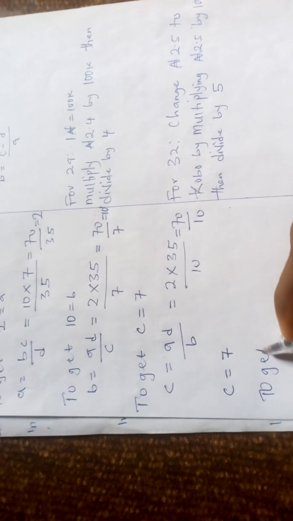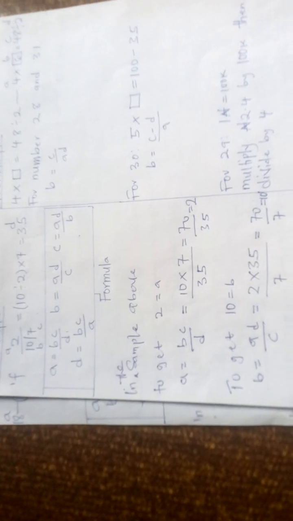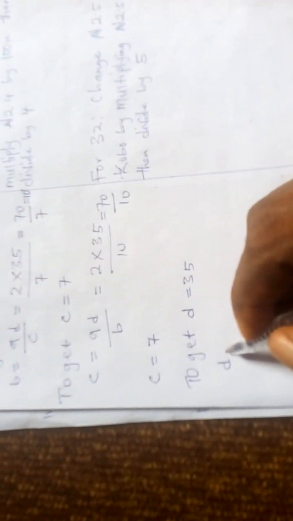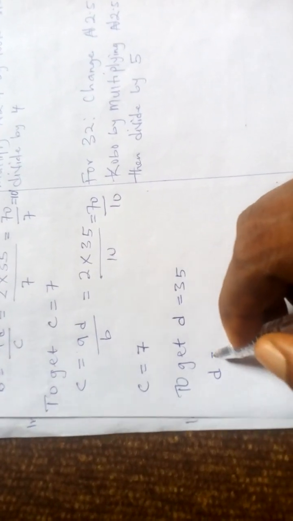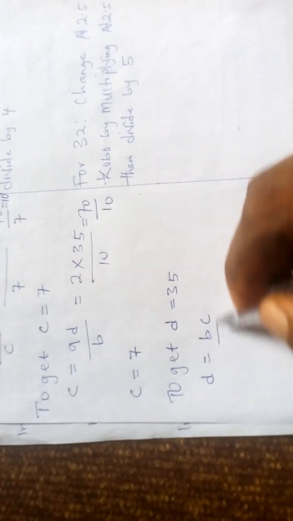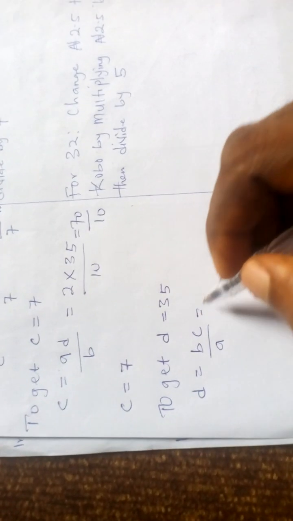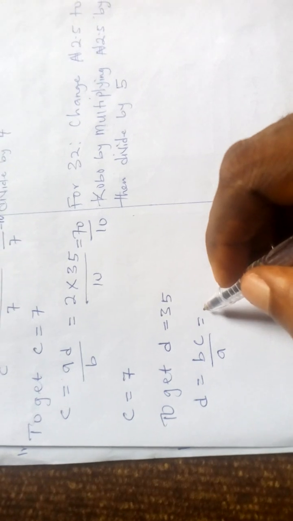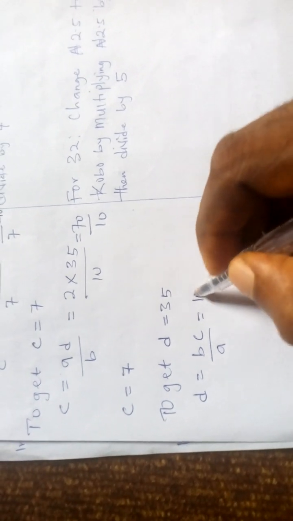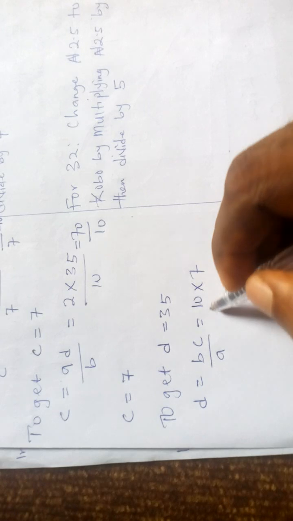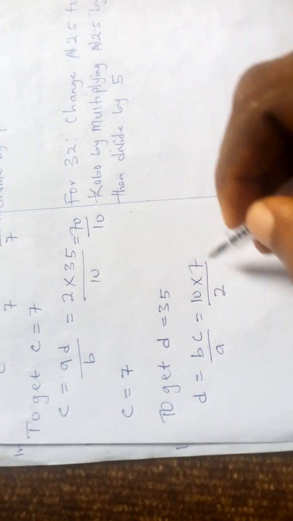To get D, which is 35, our D there is equals to BC over A. So what is B? The B is 10. So 10 times 7 divided by 2.